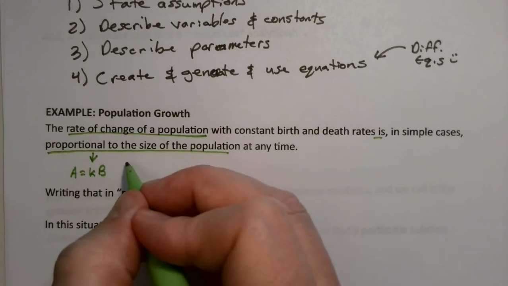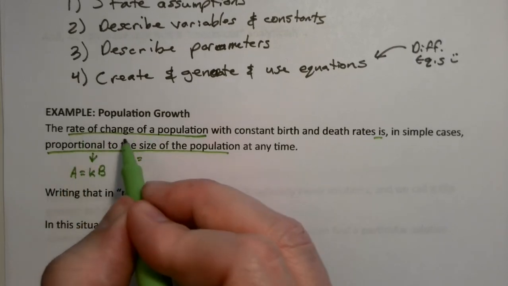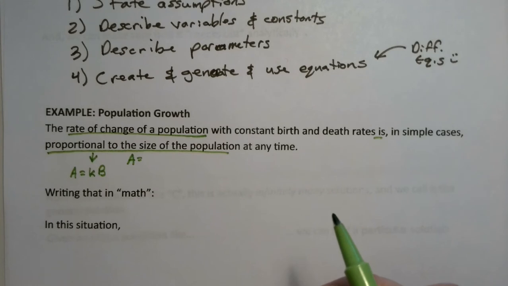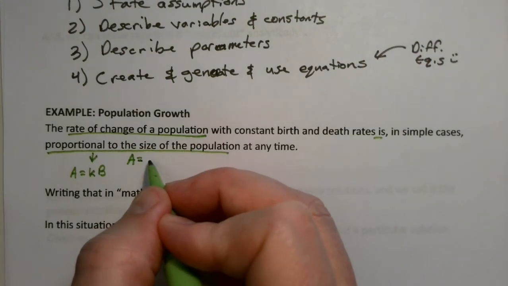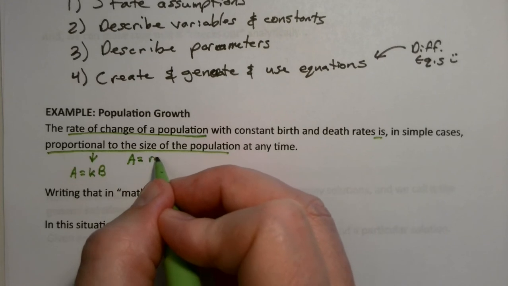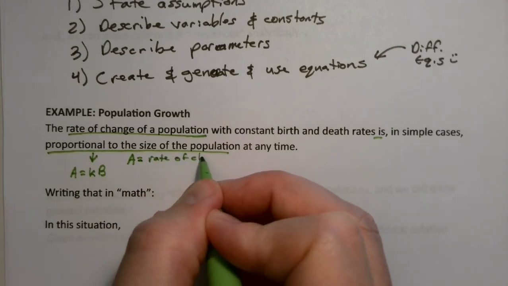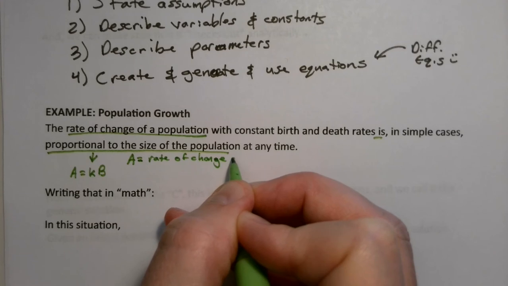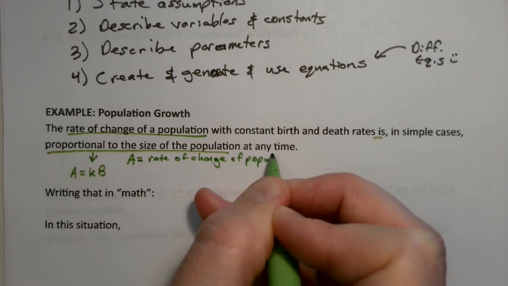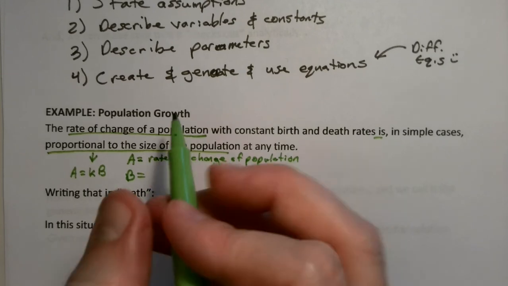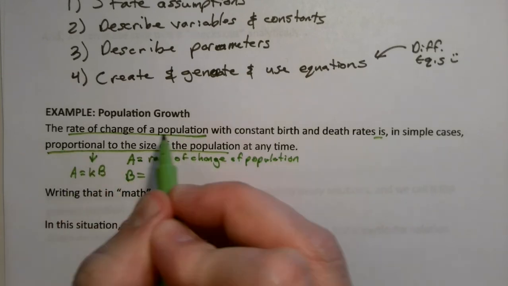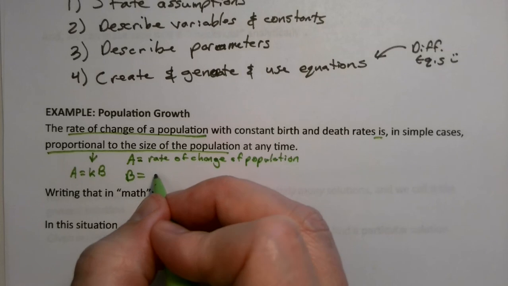And in this case, our A, the first thing, is the rate of change of population. It's presumed to be with respect to time. And B is the second quantity, it's proportional to the size of the population at any given time.